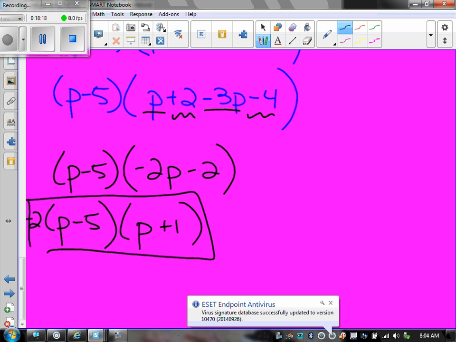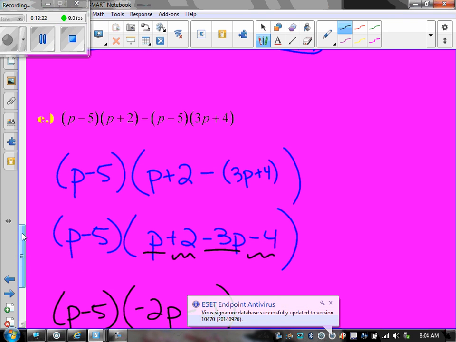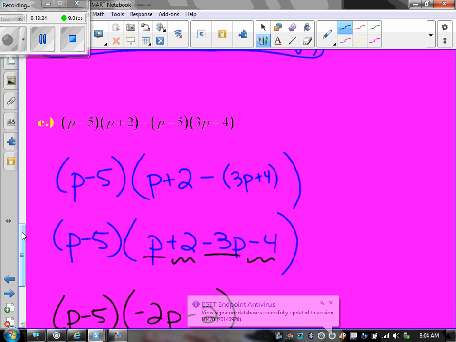How come at the beginning you can't distribute out the p plus 2, like we did the p minus 5, but how come you can't distribute the p plus 2 with the 3p plus 4? Here's a subtraction sign at the very beginning. Because it has a p plus 2, and then you can take a p out of the 3p, and the 2 out of the 4. They're separate pieces.